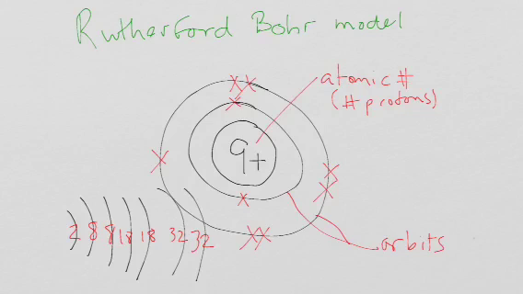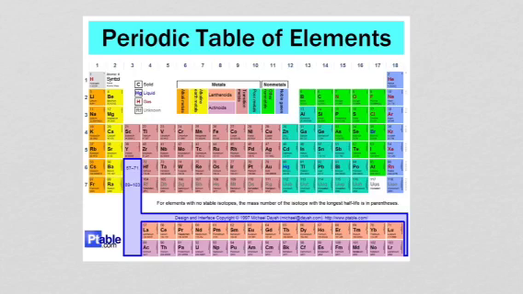Okay? So the question was, how is it that we know that in the first orbit you can only have 2 electrons. In the second one, you can have 8. Third one, 8. Fourth, 18. 18, 32, and 32. And the reason is, if ever you're unsure about what the maximum number of electrons in each orbit is, look at your periodic table and count how many elements are in each row, each period.